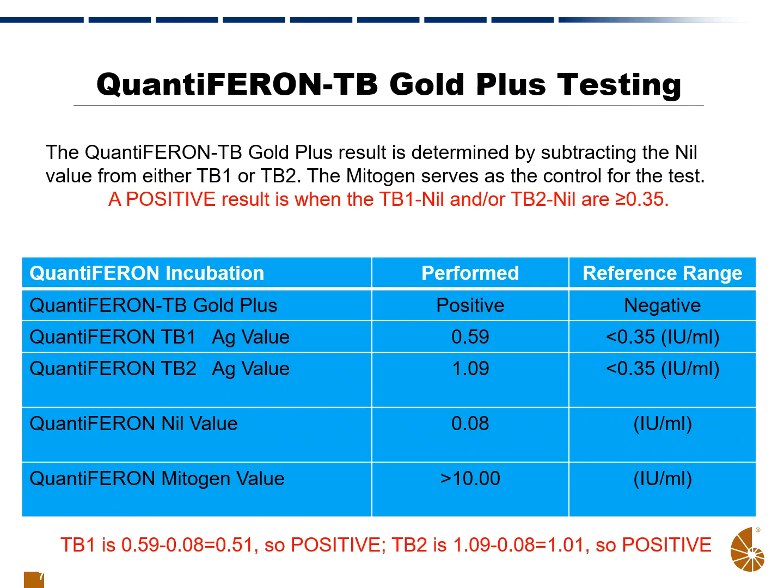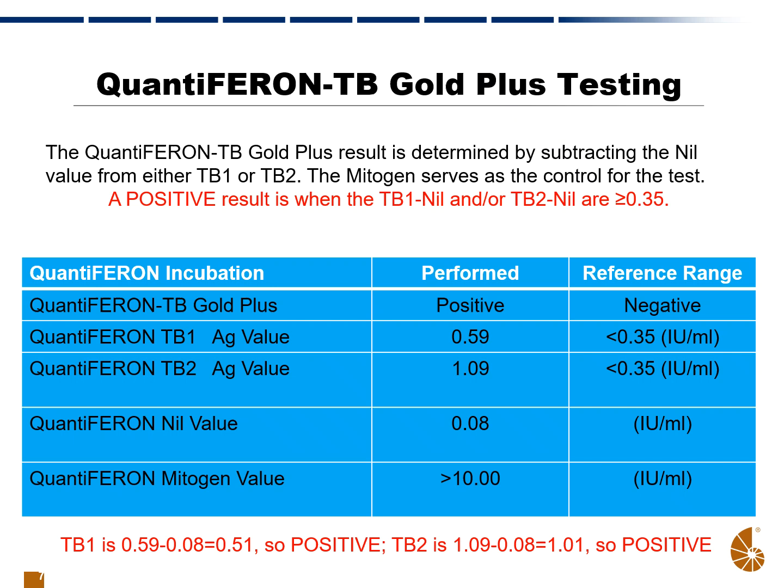So here's what the testing profile looks like when a QuantiFERON TB Gold test has been performed. It's a little complicated. We're getting in the weeds a little bit here, but this is what actually occurs, and this is what we might see. The QuantiFERON TB Gold Plus test is determined by subtracting the nil value from either the TB1 or TB2 number.